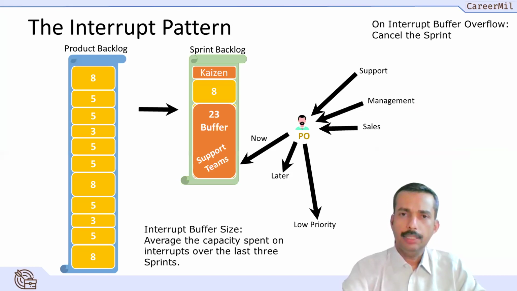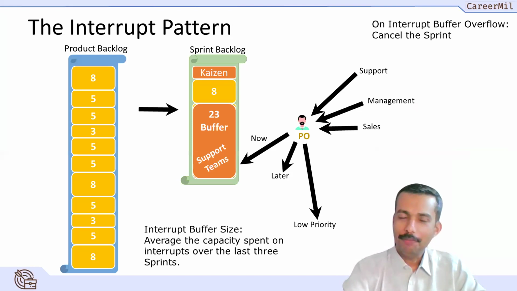Now, what happens is, as people have the sprint backlog, from the top of the list, they do have what is called Kaizen. What is Kaizen, by the way? It's a Japanese word. Yes, that's right.